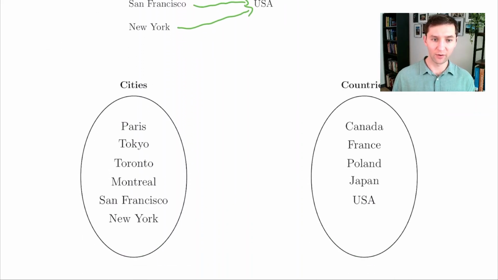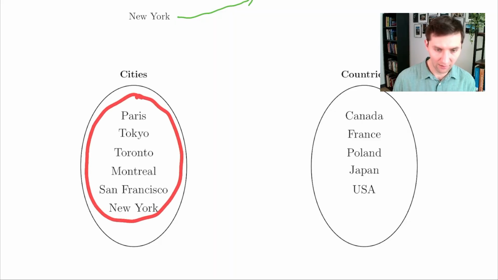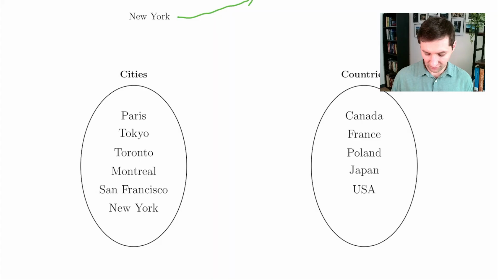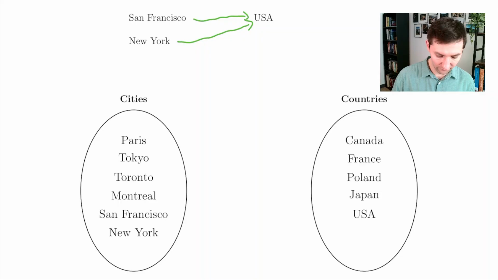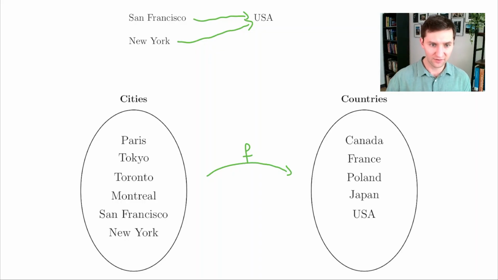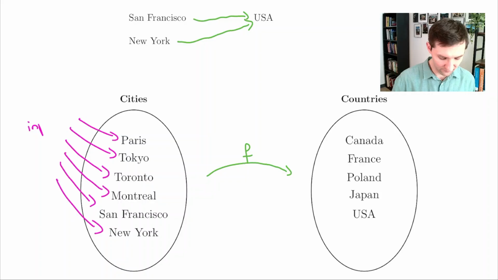In the example above, the first set consisted of 6 cities, the second set consisted of 5 countries, and the function went from the first set to the second set. The elements of the first set, in our case, Paris, Tokyo, Toronto, Montreal, San Francisco, and New York, are called the inputs of the function.